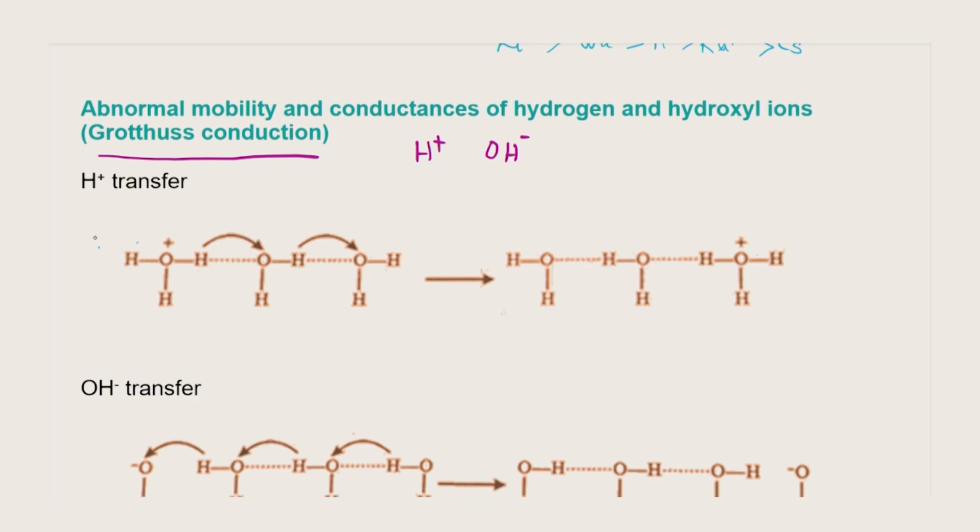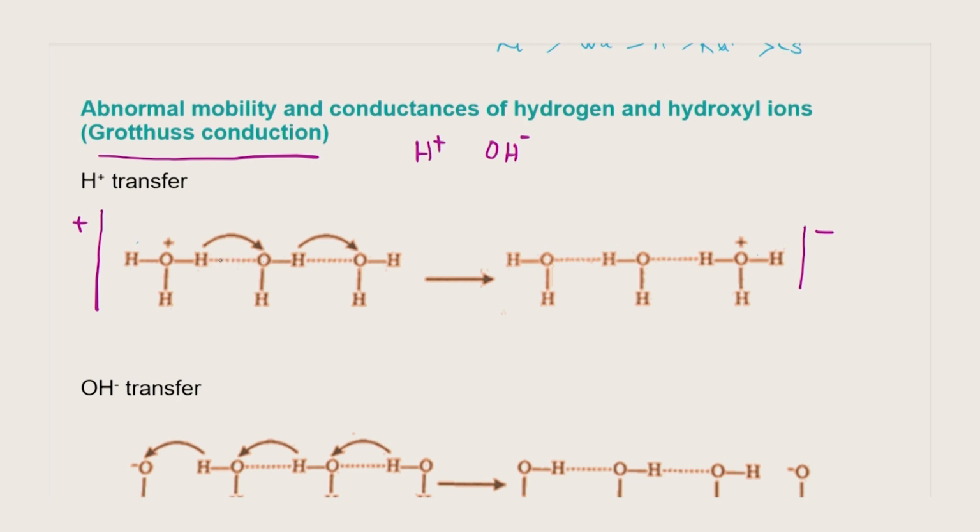Suppose a current is applied: this is the positive pole and this is the negative pole. Here, the bold line shows an actual covalent bond, and the dotted line shows a hydrogen bond.